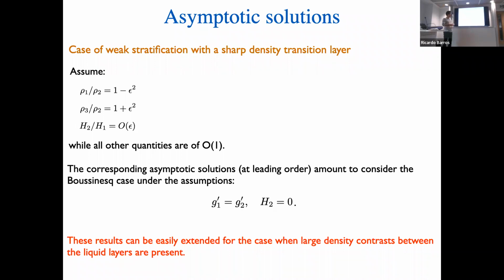It's just for simplicity. What is important is that the intermediate layer is very, very thin. In that case, the asymptotic solutions at leading order amount to the Boussinesq case under the assumption that the reduced gravities are the same, and the intermediate layer just collapses to zero.